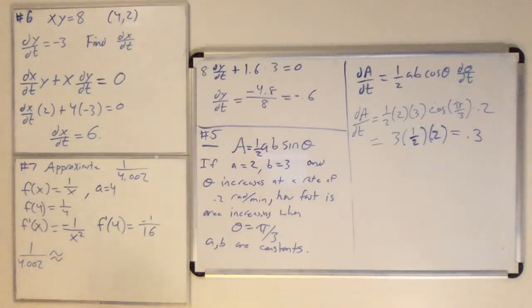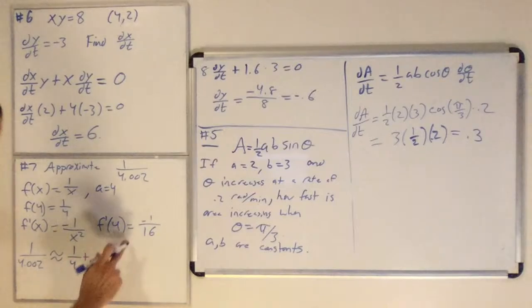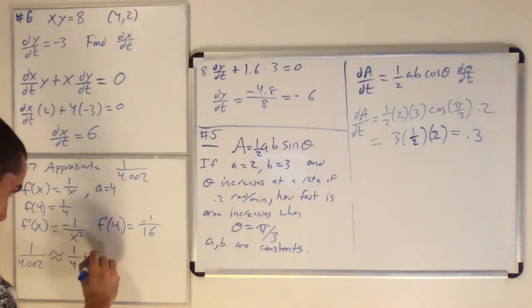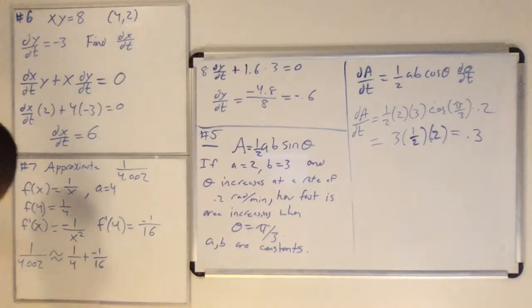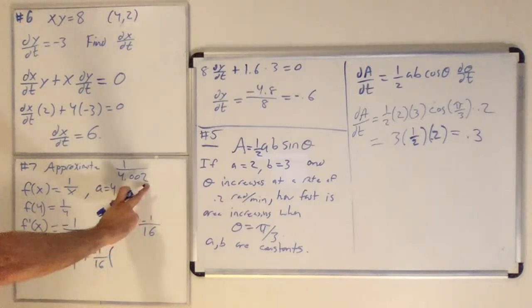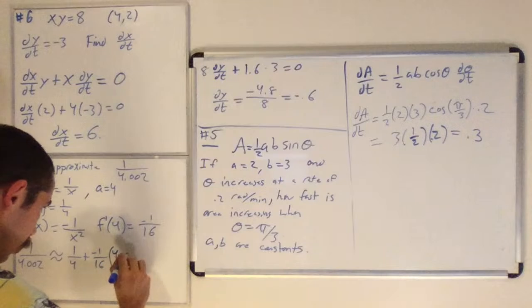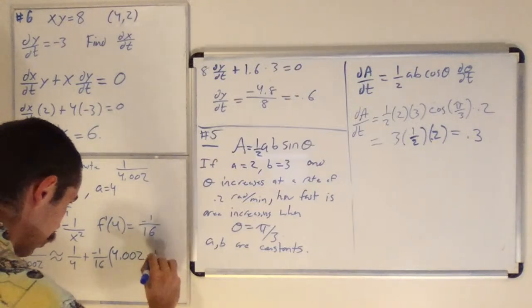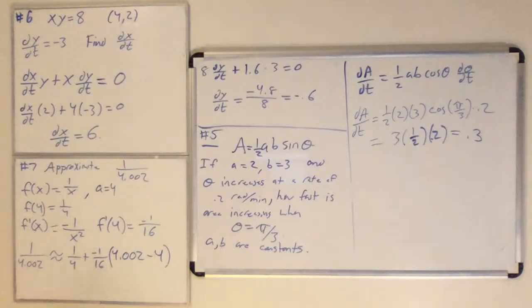So 1 over 4.002 is approximately equal to f of a plus the slope times 4.002 minus 4.